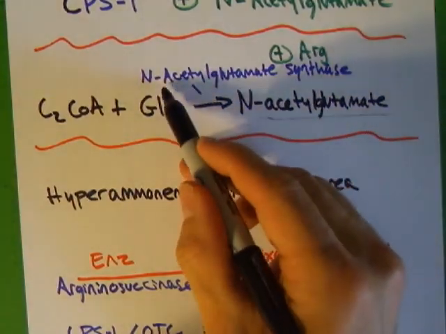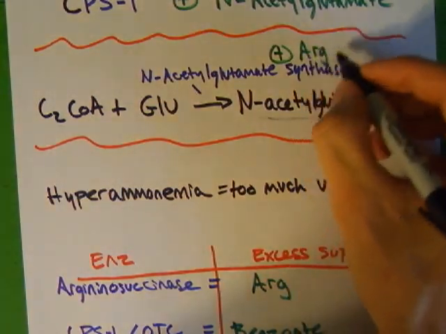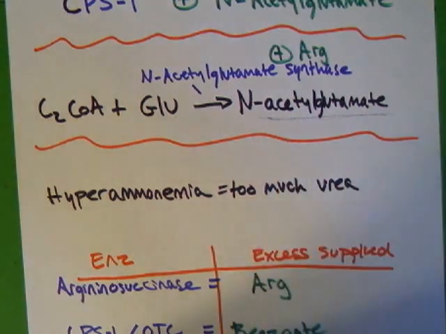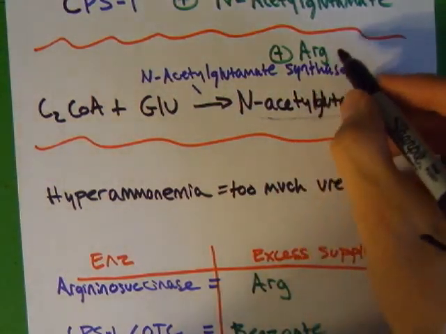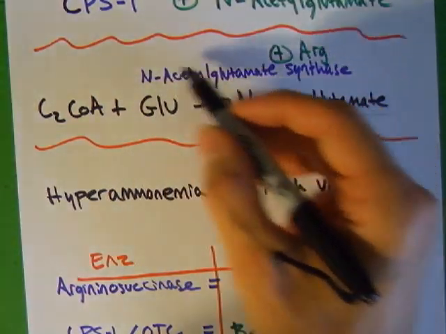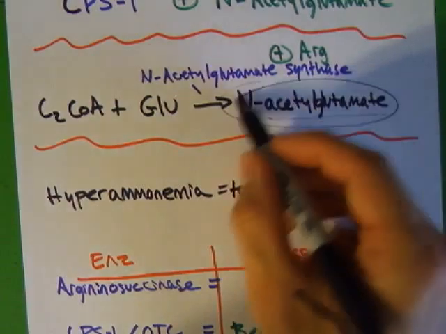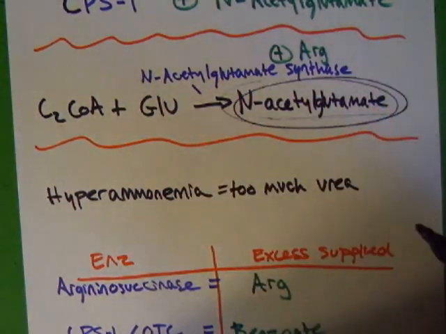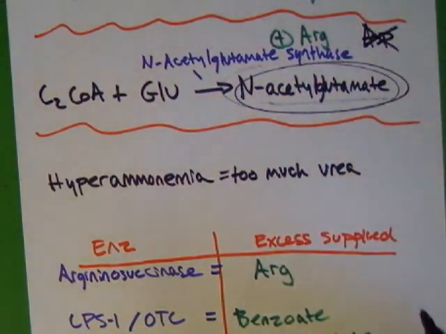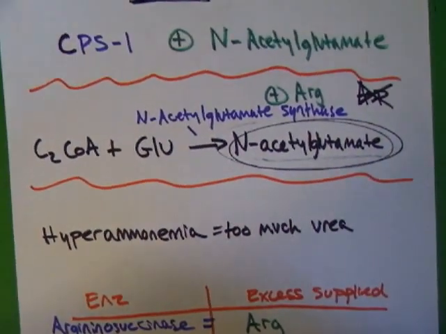The enzyme for that is N-acetylglutamate synthase, and arginine is the amino acid that stimulates that. So arginine indirectly stimulates CPS1 because it's making the main activator of CPS1. Arginine, not aspartate. They look the same, don't get them mixed up. Aspartate's the other one in the Krebs cycle but has no role in regulation.